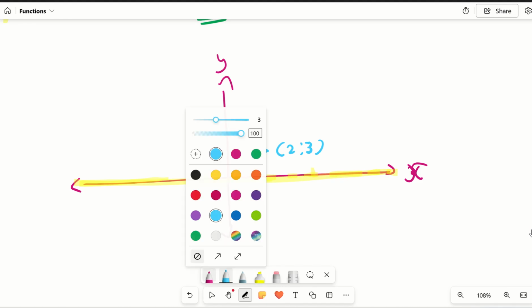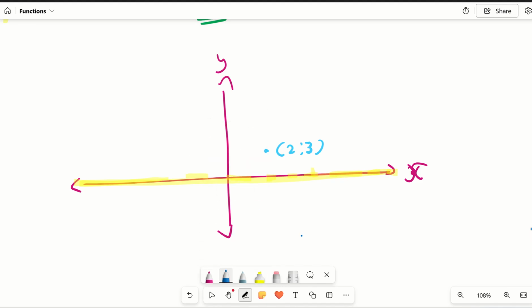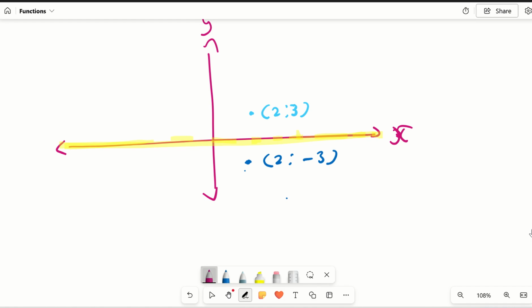It will then reflect a point somewhere there. The coordinates of this point won't change except for the sign of the y coordinate. It will be negative. It is just the opposite of what it was before. Do you guys see the reason we have y as negative? Proper stuff. Sharp. So this is what happens when you reflect.